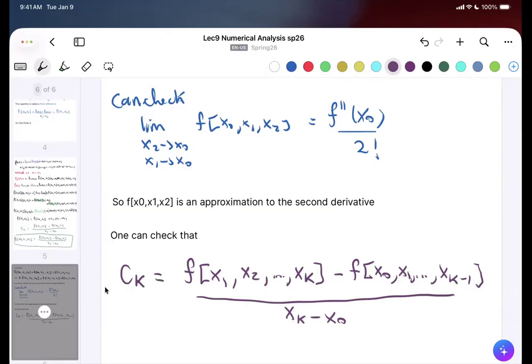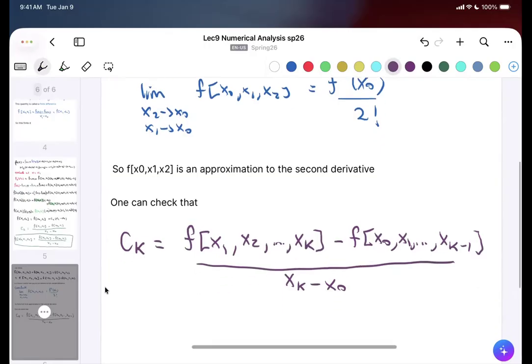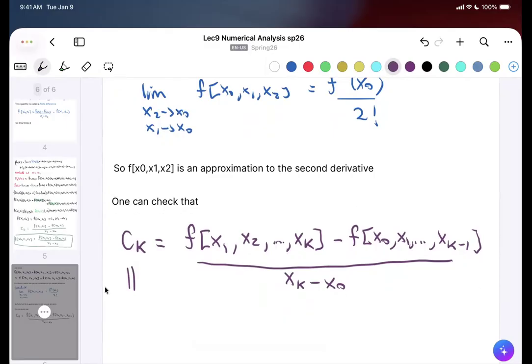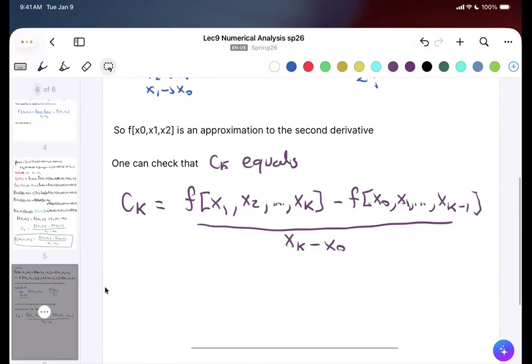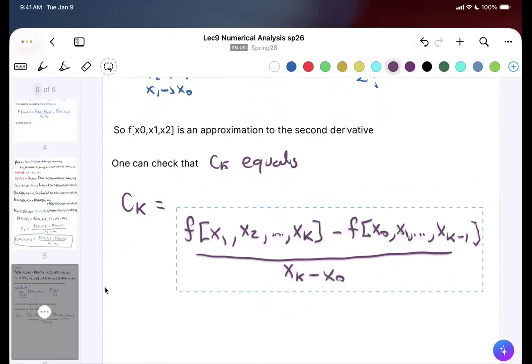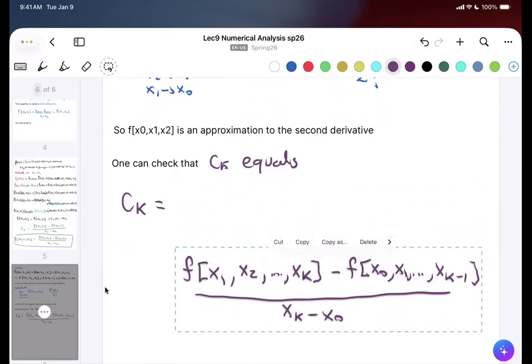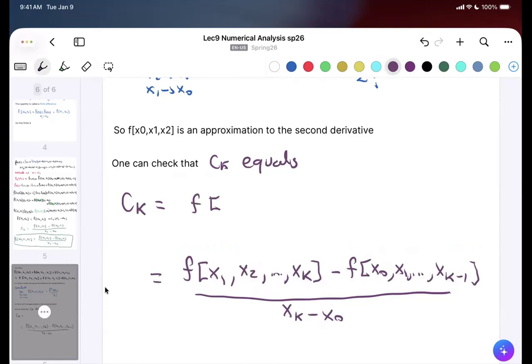And as you can imagine, this will be called f of x0 up to xk. So ck is going to be f of x0, x1, x2 up to xk.